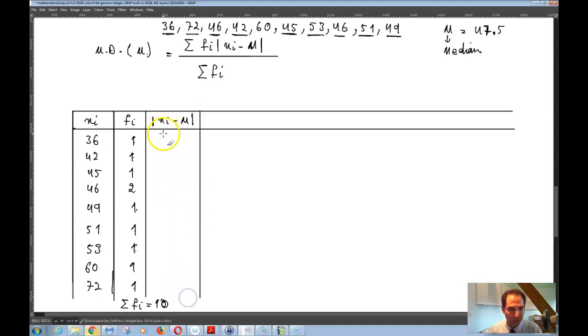So 36 minus 47.5 is negative 11.5, which becomes 11.5.